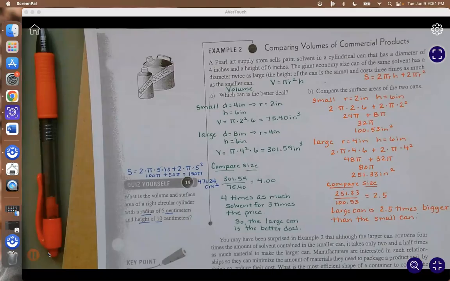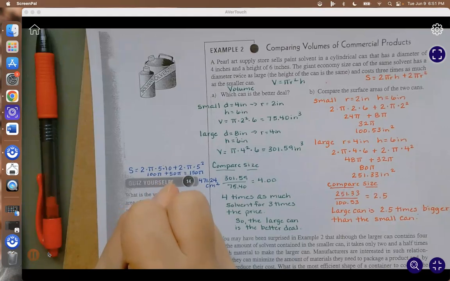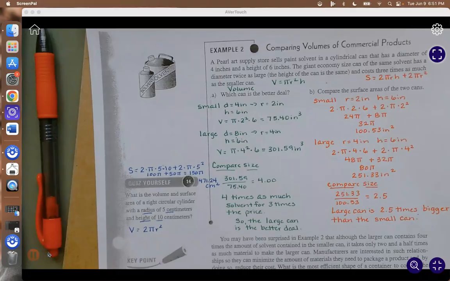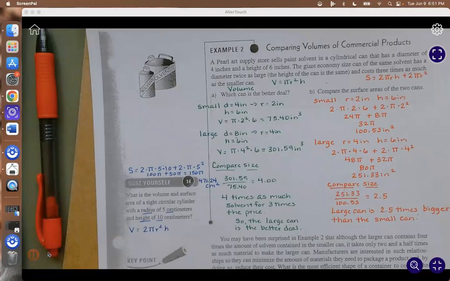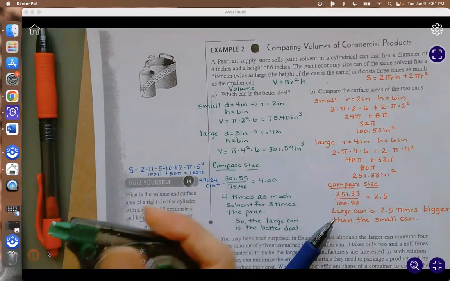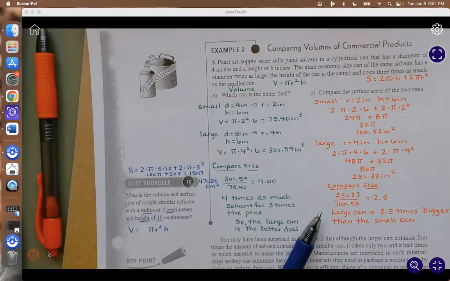That's surface area. Volume is not 2, excuse me, pi r squared h. I got a little mixed up there for a second, combining my formulas.